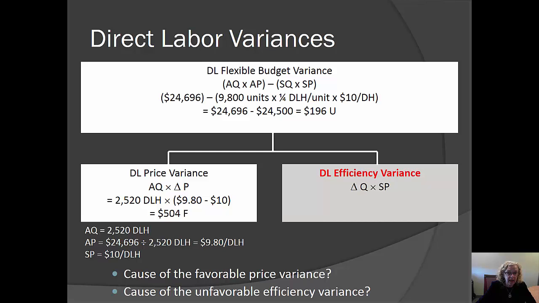Now, what we're saying in our efficiency variance is, let's suppose there were no price variance. Let's suppose that we actually paid the standard price. In that circumstance, how much dollar difference did it make that we used a different amount of labor than we expected?